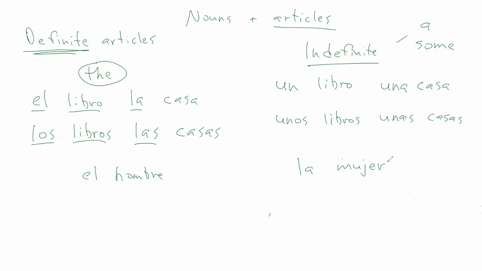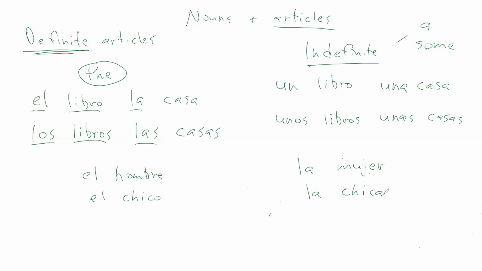Okay, if it's going to be plural, it would be los hombres, plural for the woman, las mujeres. Okay, we could have el chico, and for a boy, la chica for a girl.